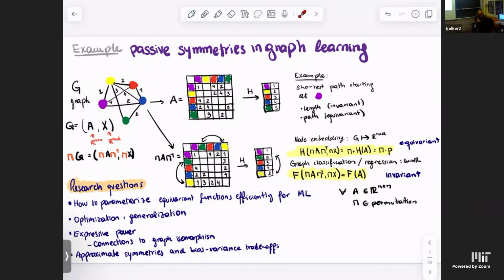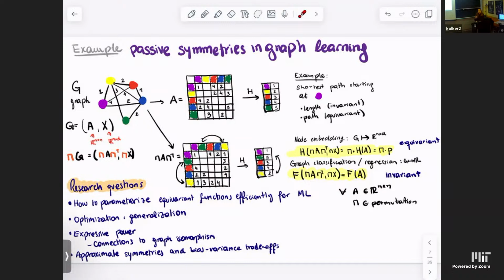I can write the same graph with a different adjacency matrix. This adjacency matrix represents this graph, but if I permute these rows and these columns, it's just a different order for the same graph. These two matrices represent the same object, the same graph.